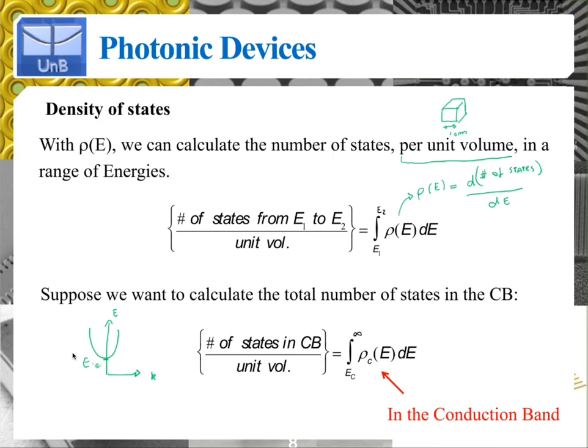But for all of the applications considered in optoelectronics, this region has all of the states which will participate in the electronic transition. So the parabolic approximation is a good approximation for all of the applications that we'll consider further in the course.